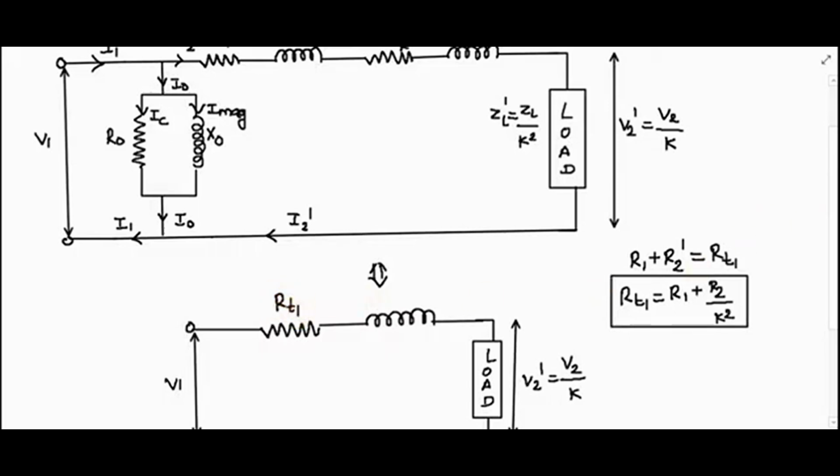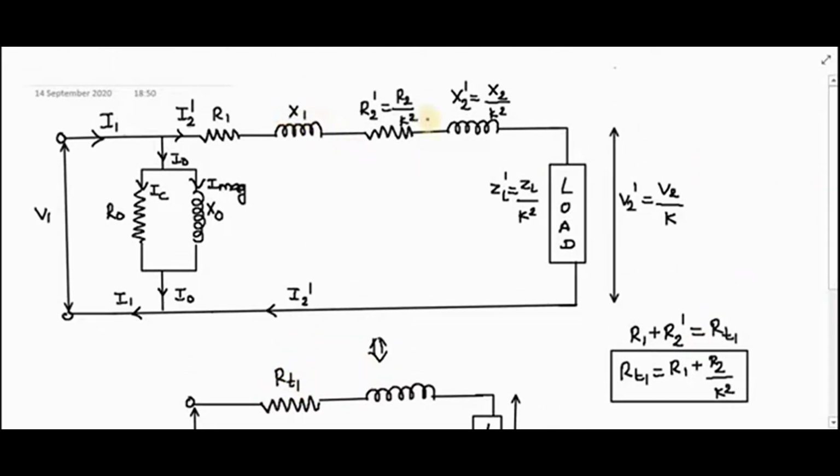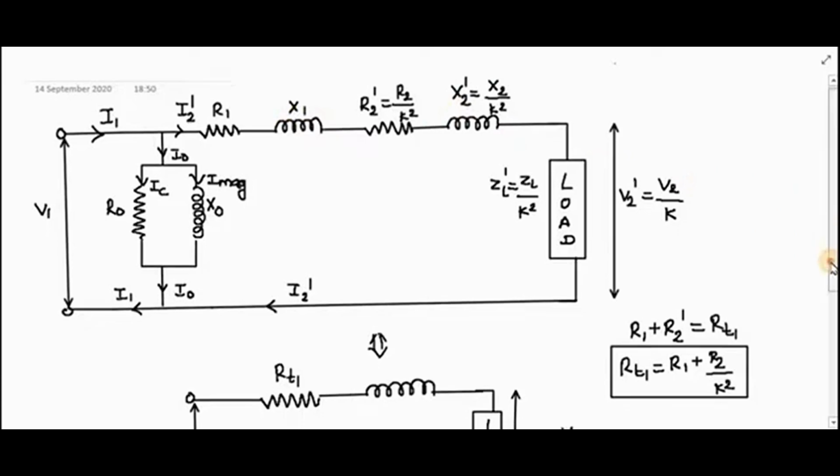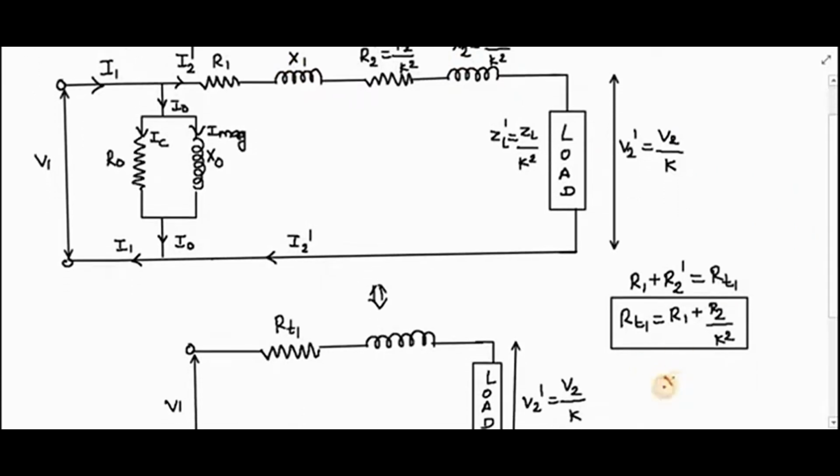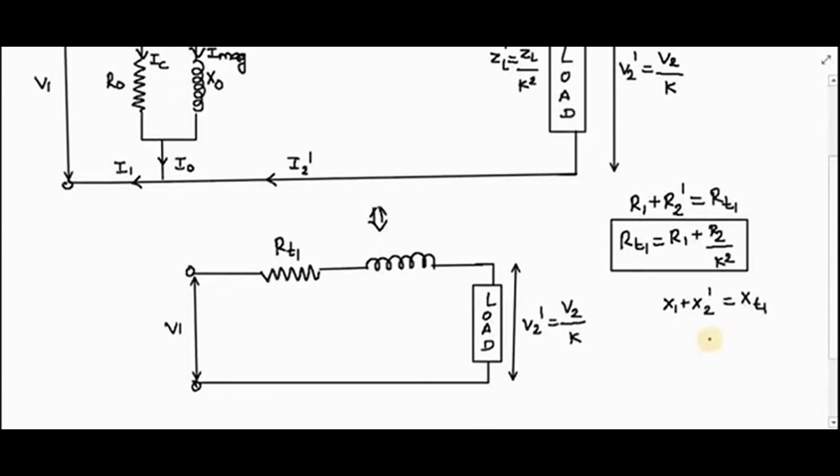Similarly, I have combined X1 and X2 dash. The combination of X1 and X2 dash is denoted by XT1. XT1 is nothing but the total leakage reactance of the transformer referred to the primary side. So what is XT1?